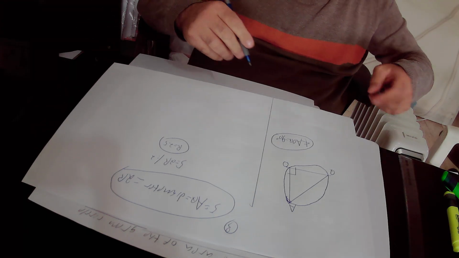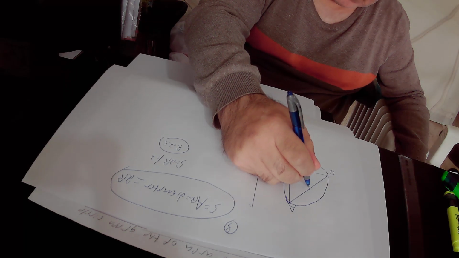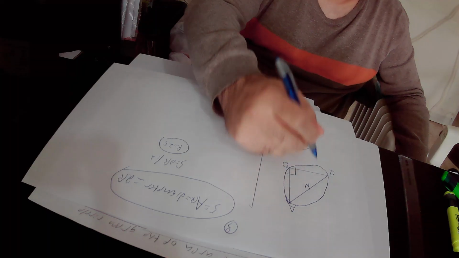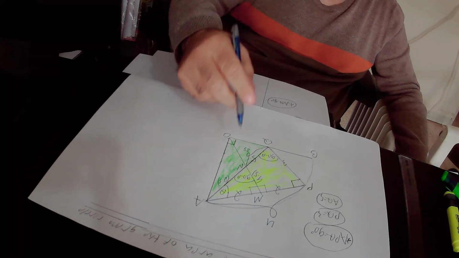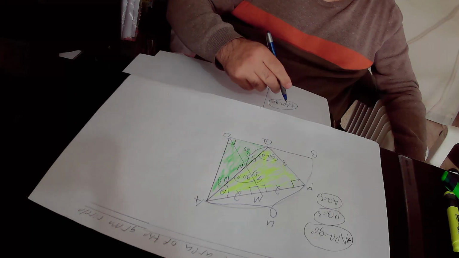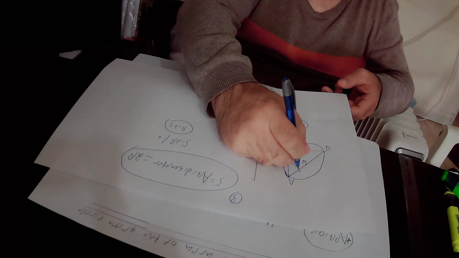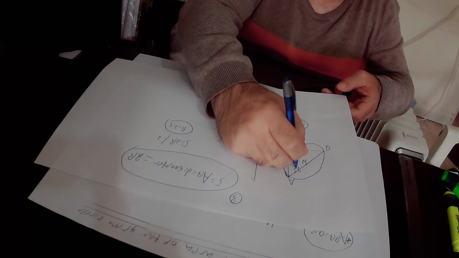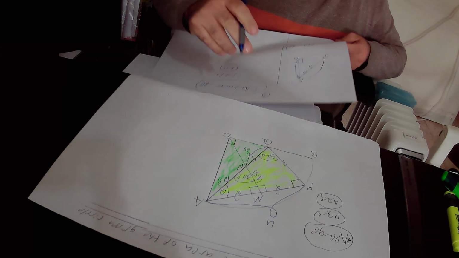So this is point N that I copied from the original drawing. Line segment AN equals 2.5 units. So here AN equals 2.5 units. Line segment NQ also equals 2.5 units, so I write it down.